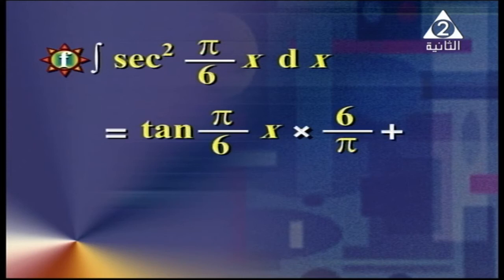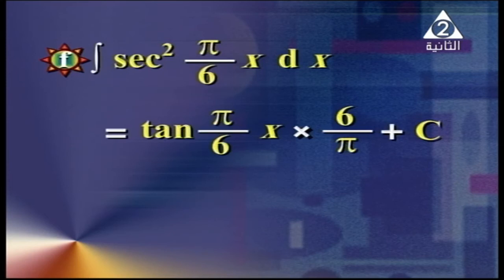Plus c. Look at, dear student, in this case we have integration of sec square pi over 6x dx. In this case, sec square is not constant. Why? Because in sec square pi over 6x we have the variable x.